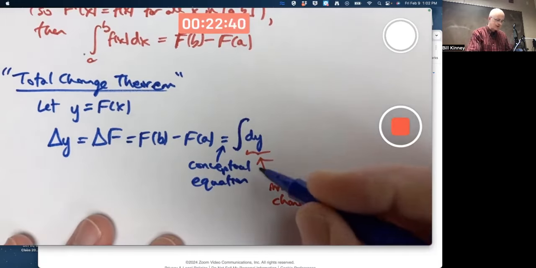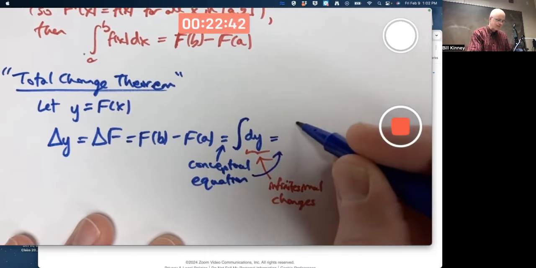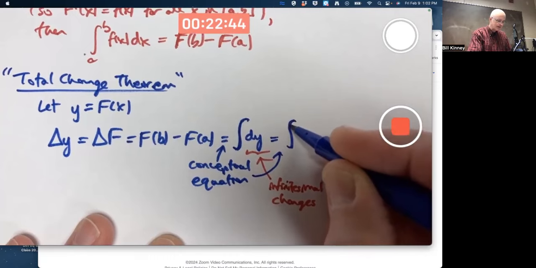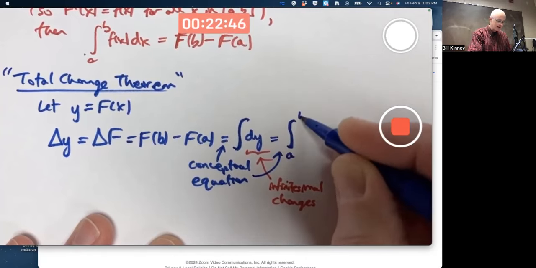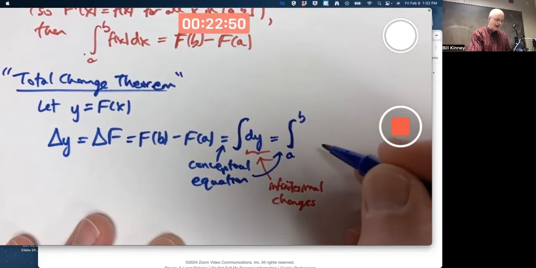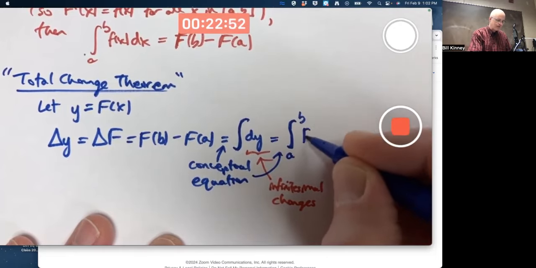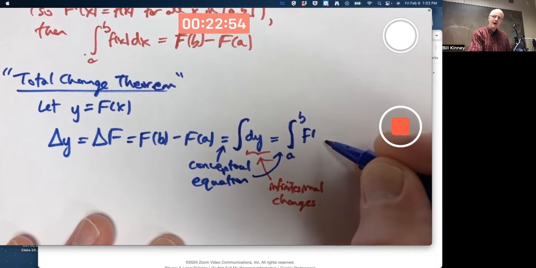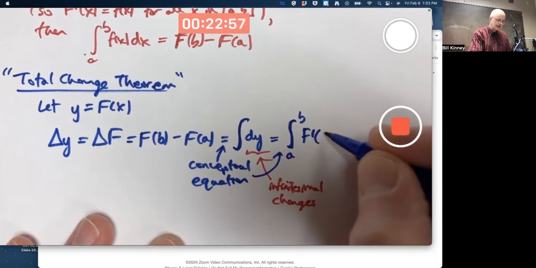Here's another conceptual equation that this equals, well, something you actually can compute. A definite integral. What is dy? How about capital F prime? What should I call the variable? How about t?